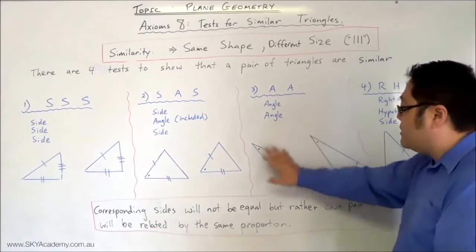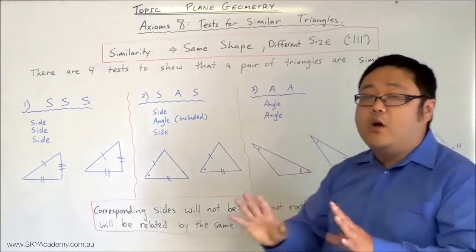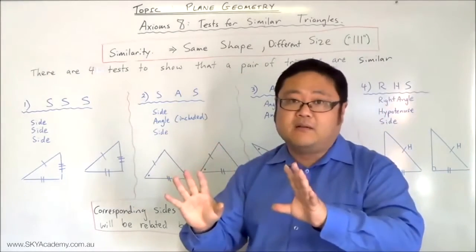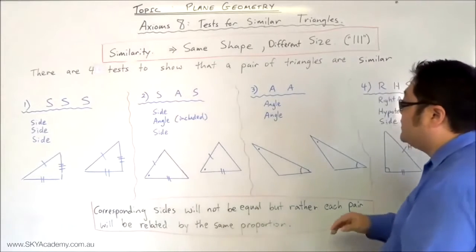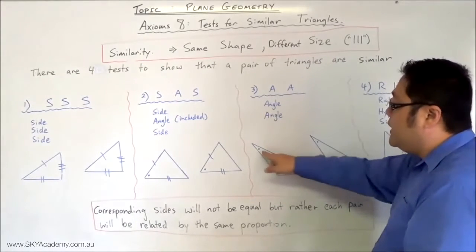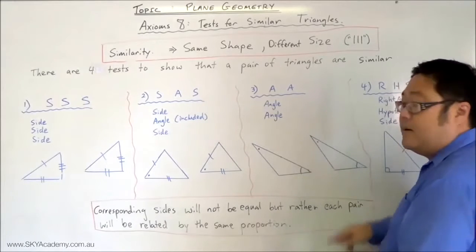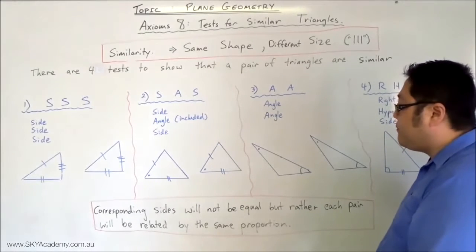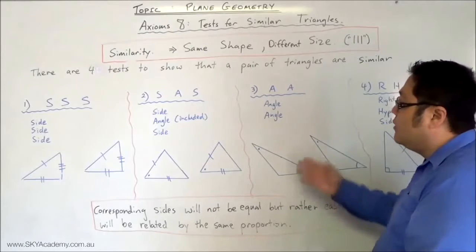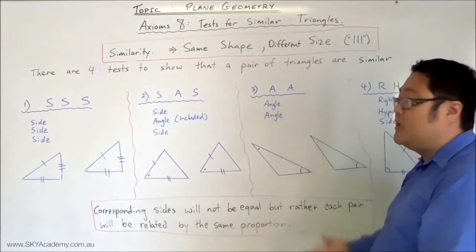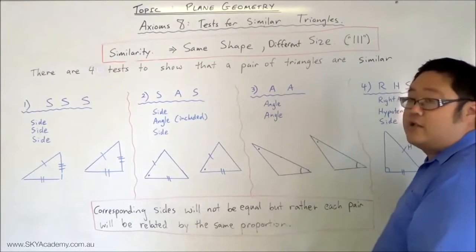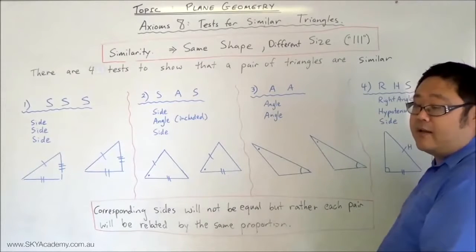And if all the angles are equal in a triangle, we know that the two triangles are similar. So all you need is a minimum of two pairs of angles being equal to each other, and then we can use the AA test to show that these two triangles are similar to one another.